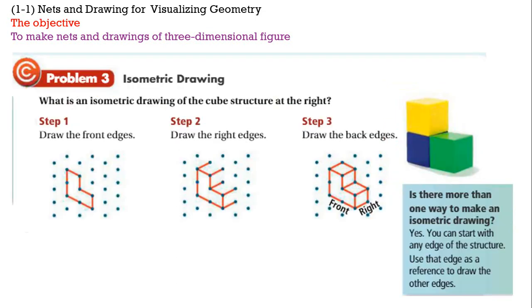So the first one, what is an isometric drawing of this shape? You are going to draw the first part, what you can see in the front. So, draw the front edges, then draw the right edges, which is what you can see here. Finally, draw the back edges that you have.